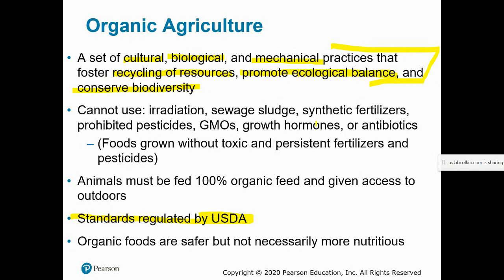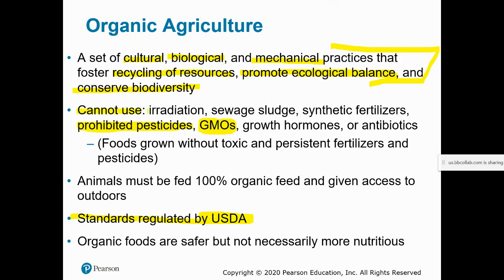So by definition of USDA organic, many things are banned and cannot be used if you as a food producer or farmer want to be able to put the USDA organic symbol on your food. So genetically modified organisms cannot be used if you're going to produce organic food. Also, most pesticides are prohibited, especially synthetic pesticides, which includes glyphosate.